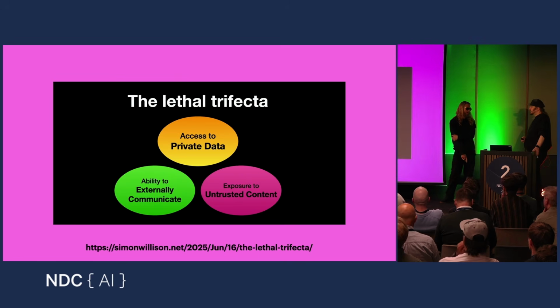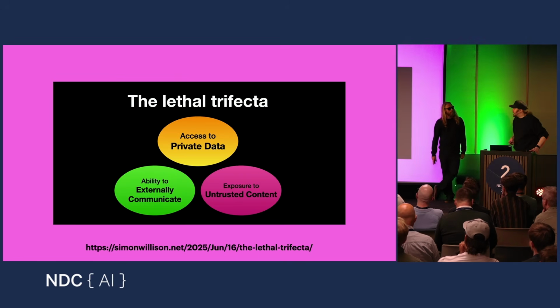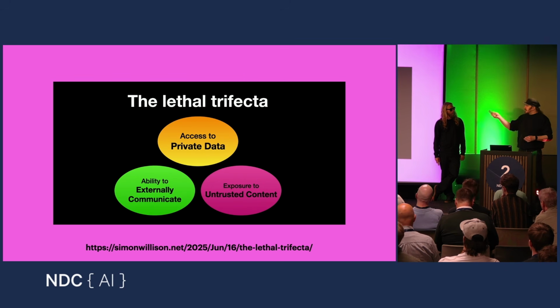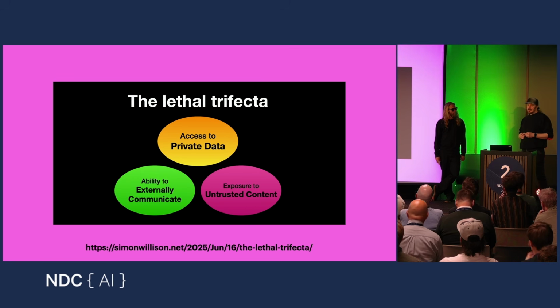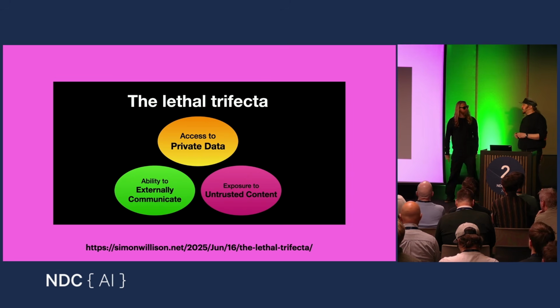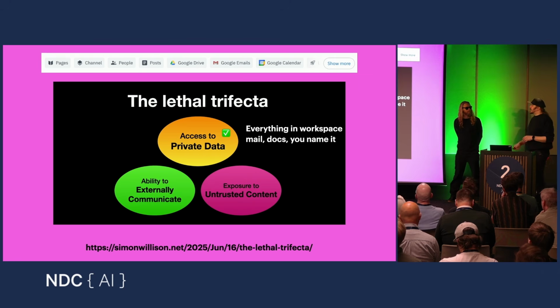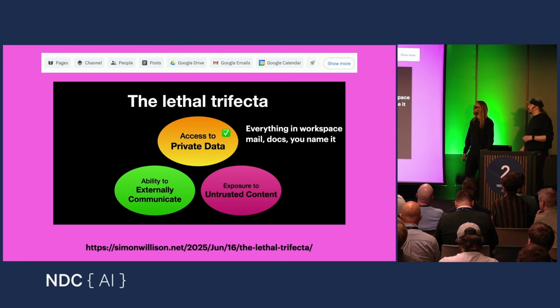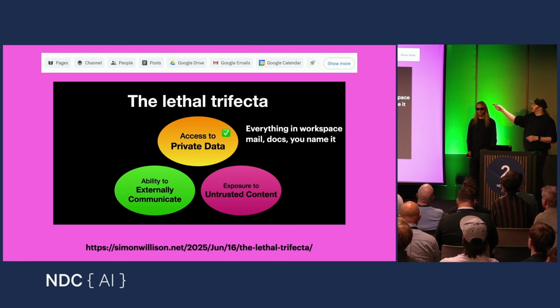If you think about this, this is the first step to entering the lethal trifecta. Lethal trifecta is basically a model that defines three things that all need to exist, and if they do, then you're probably at risk. Using the previous example to point these out, we have access to private data. As you can see in the top bar of the application, they have access to your personal Google Drive, your emails, your calendar, all of that.